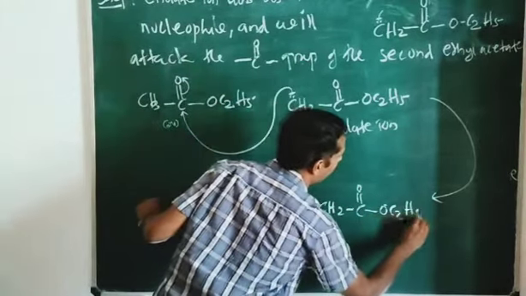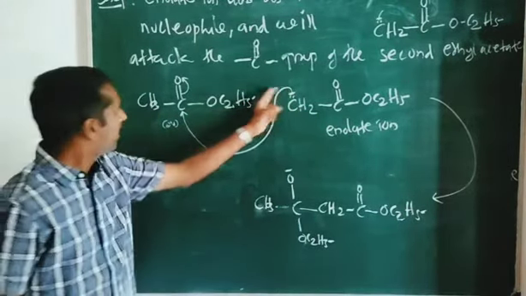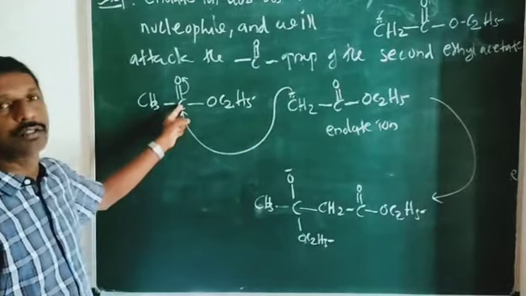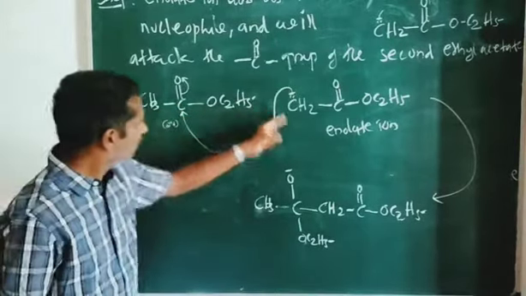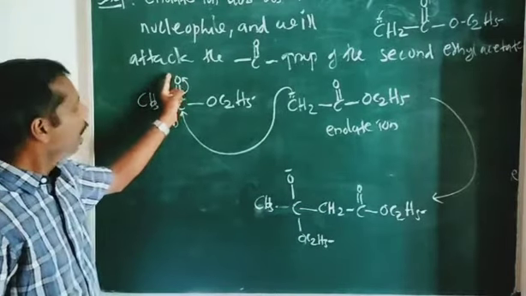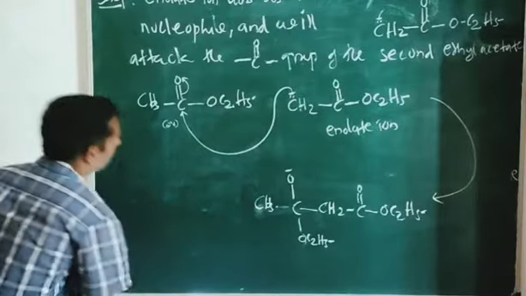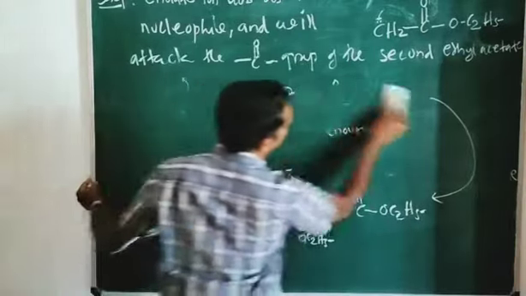We get this structure. So this is attacking this partially positively charged carbon, so it is CH2COC2H5, and at the same time this bond is shifting to oxygen. We get a structure like this. Now in step 3.